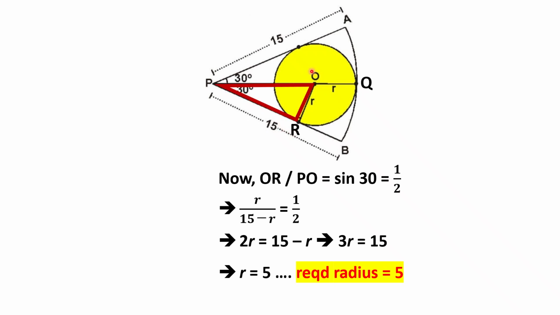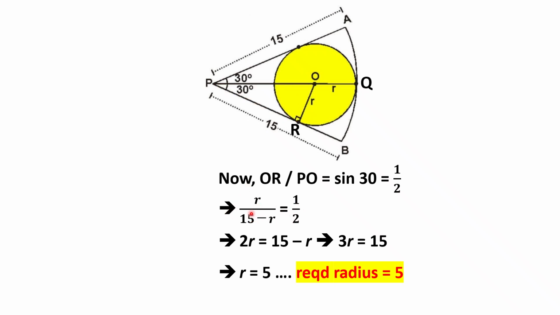So OR by PO, where OR equals R, the radius of the yellow circle, and PO equals 15 minus R. So R divided by 15 minus R, the height divided by hypotenuse, is sine 30 degrees, which is 1 by 2. So R divided by 15 minus R is 1 by 2.